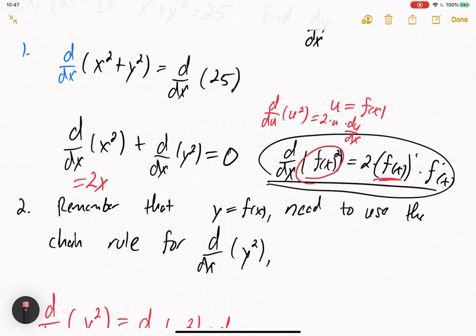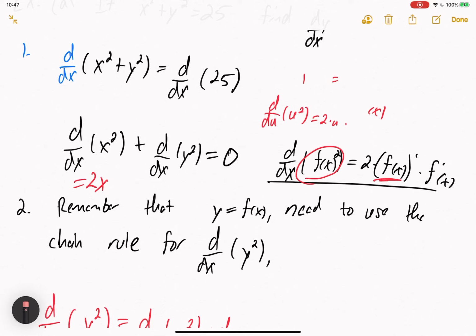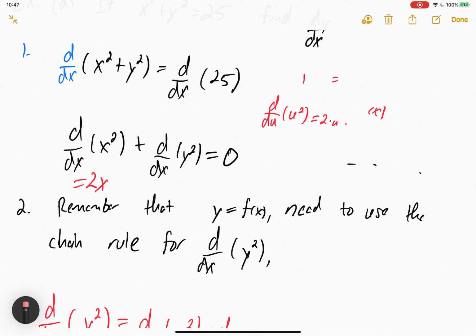Really, we were treating y as a function of x. So when we did the chain rule, you could say y is equal to f of u, then u is equal to g of x. That's basically what we're doing. We're doing stuff with that u instead. It can be pretty annoying at first, but you guys got this. We get into more complicated stuff in the next section, but try not to worry about it too much.